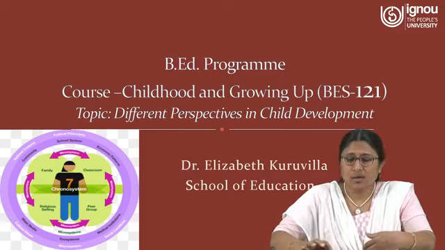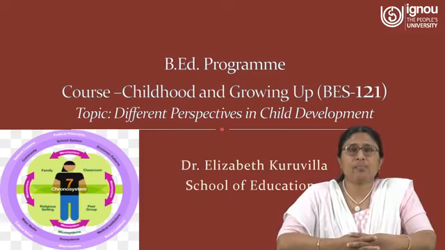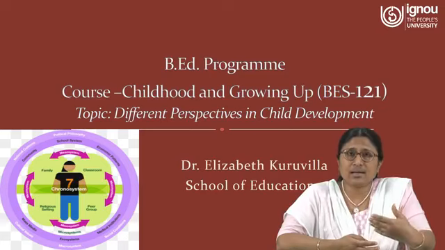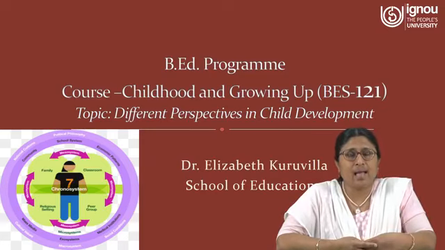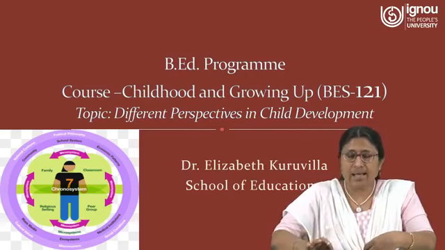So here we can see the 4 attachments: the secure attachment, the next one, the resistant attachment, where insecure attachment is happening, the avoidant attachment, and the disoriented attachment. In this way we can classify the various types of attachment.